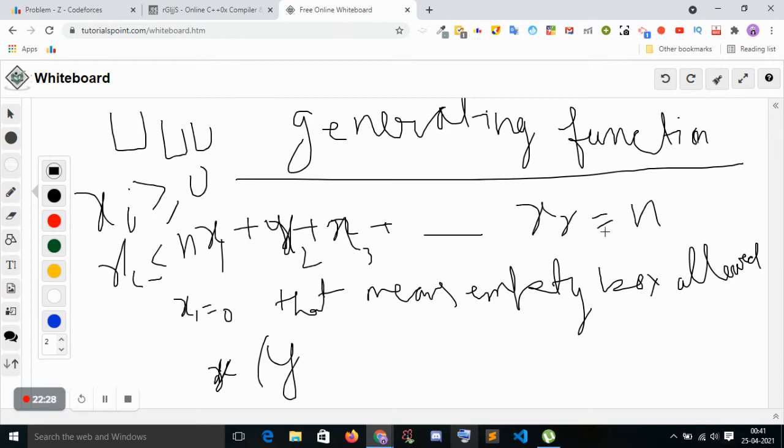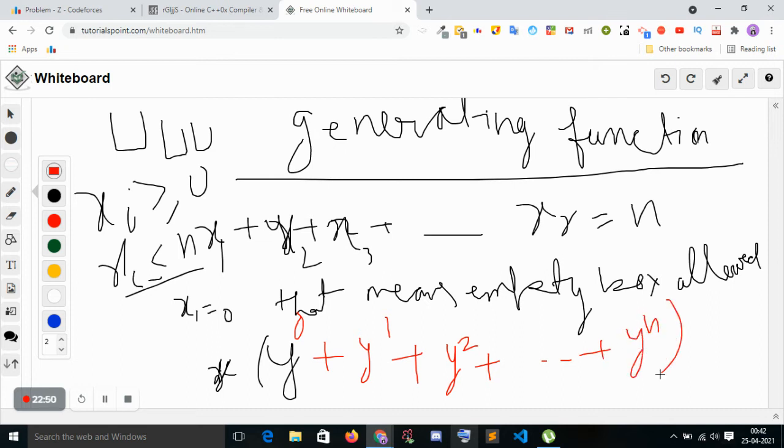So what is the limit of each bin? I can put y to the power 0, which is an empty box, y to the power 1, y squared, up to y to the power n.